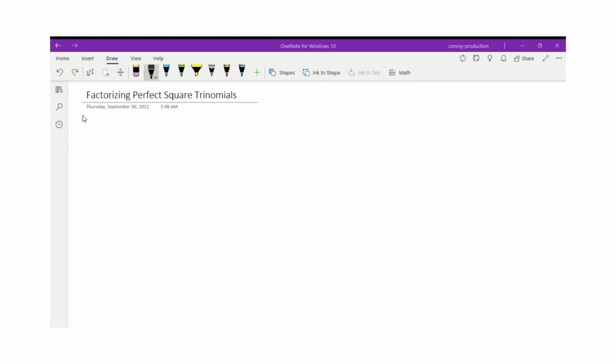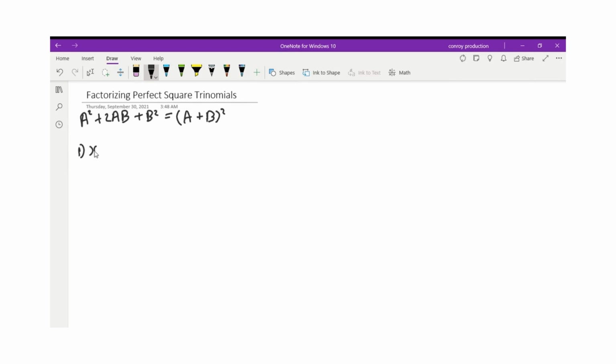This can be used to: a squared plus 2ab plus b squared is equal to the square of a plus b, all squared.